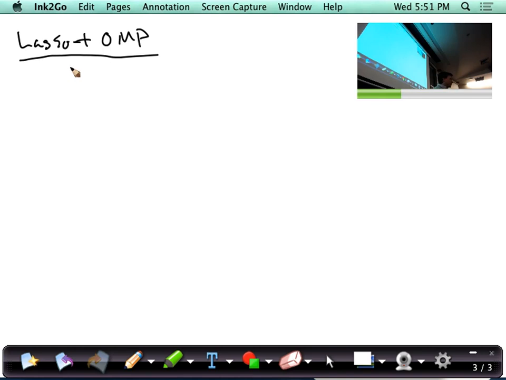And just to review orthogonal matching pursuit again. The idea is you're going to build up these residuals and try to make them as small as possible. Initially, this is y. And initially, you're going to say a_j is equal to 0 for all values j. So you set all the coordinates to 0.